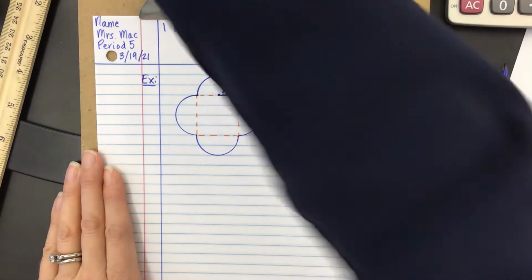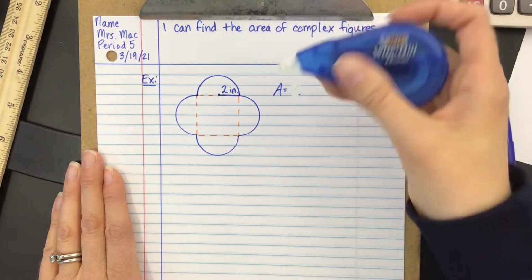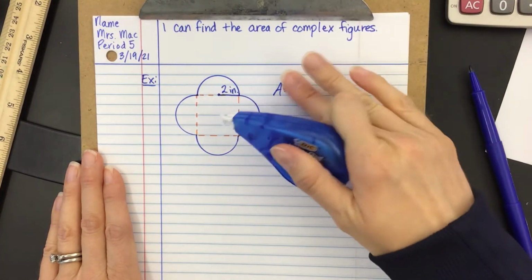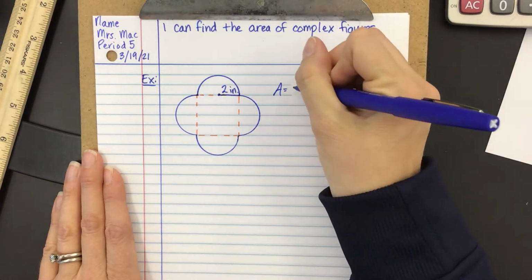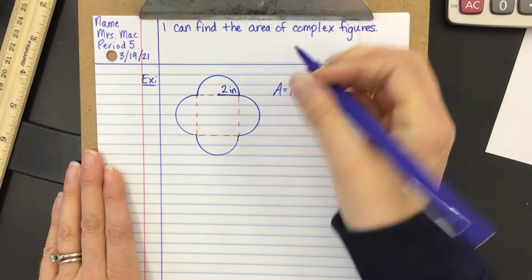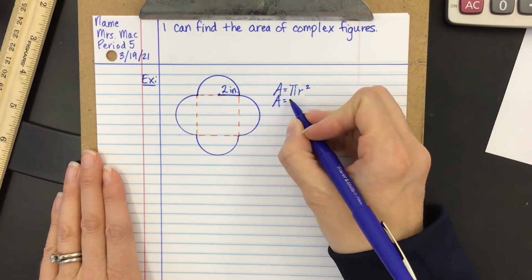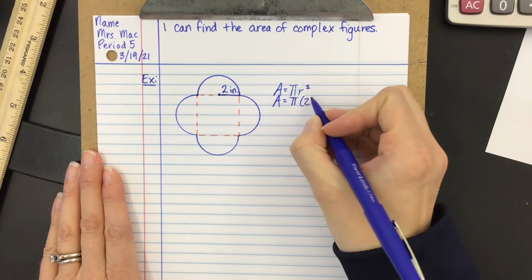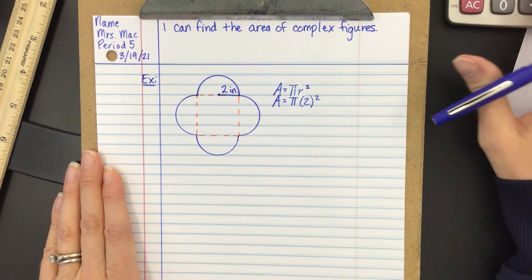Oops, I'm already making mistakes. Okay, so my circle has a radius of 2. So I'm going to do 3.14 for pi times 2 times 2.